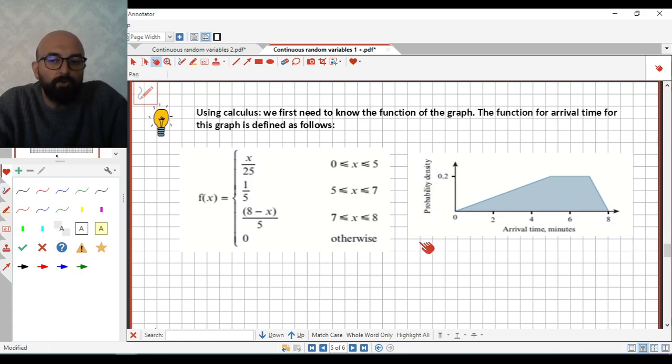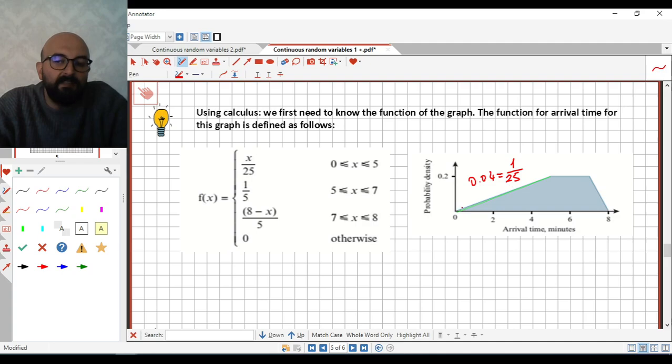Okay, now we compute the area differently, by using integration. The gradient of this line is 0.04, or 1/25.